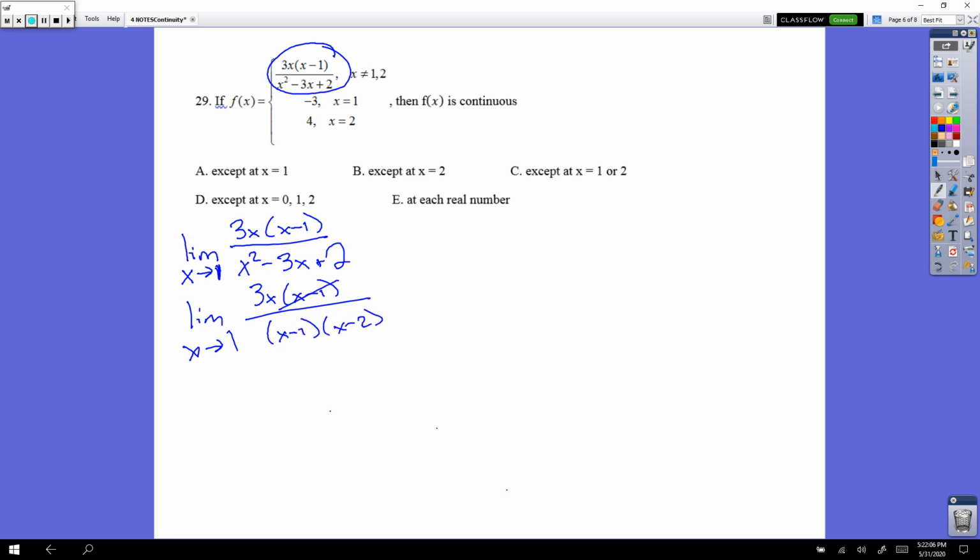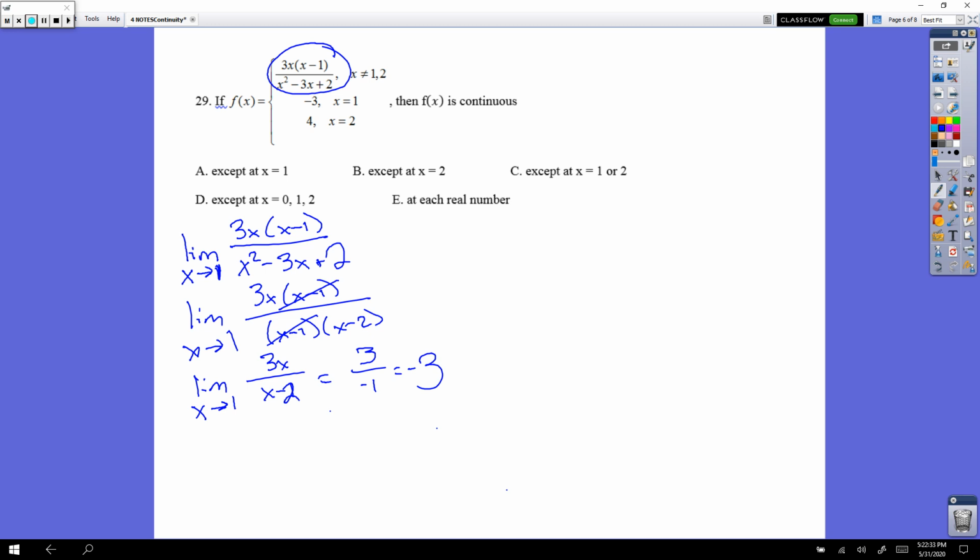The x minus 1's cancel. Now I can substitute. Plugging in the 1, I would get 3 on top, and then 1 minus 2 would be negative 1 on the bottom. So this would equal negative 3. That's the limit as x approaches 1 of the top equation.